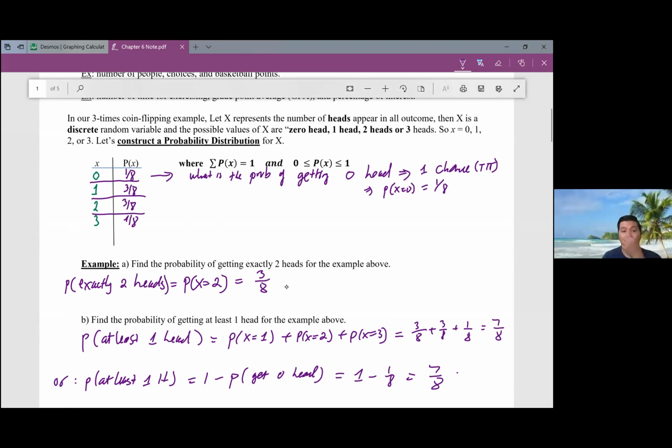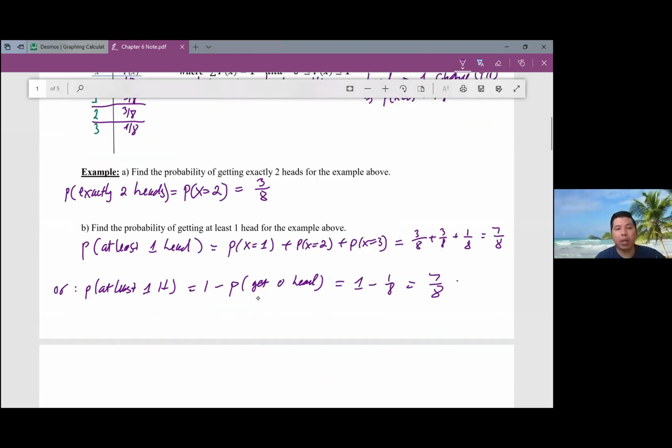Once we have that table, everything is very straightforward. To find the mean, that's all we do.